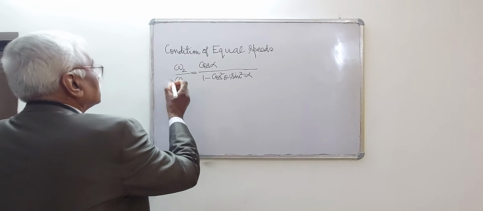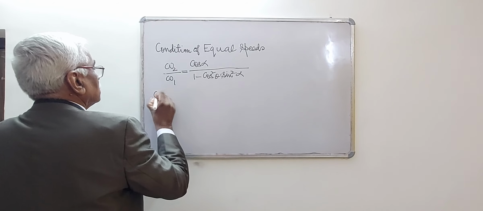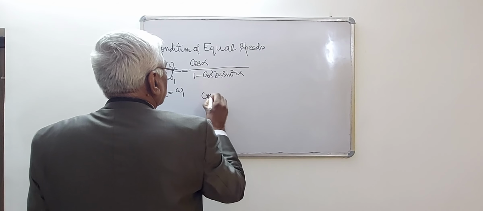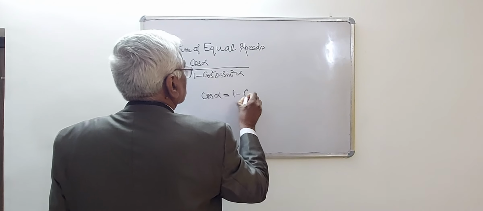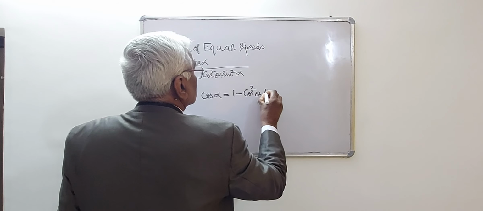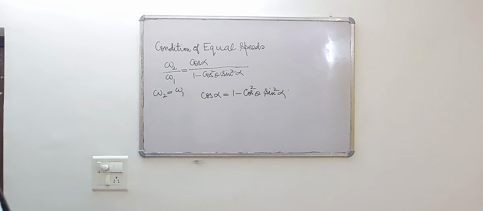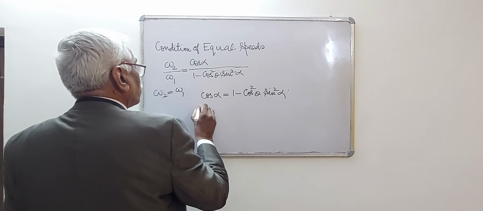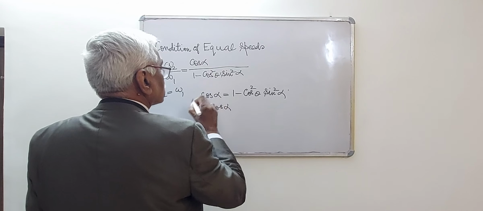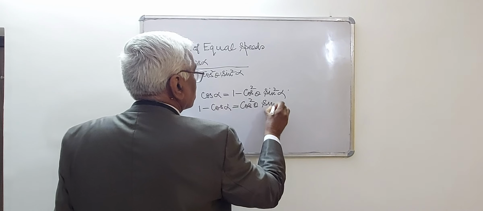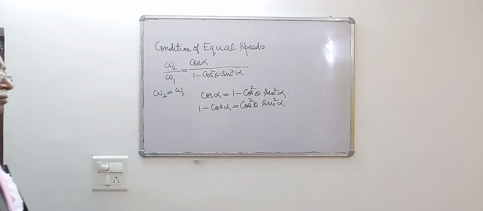Now, the condition of equal speeds, that is omega 2 is equal to omega 1. It means cos alpha is equal to 1 minus cos square theta into sin square alpha. Or it can be written as 1 minus cos alpha is equal to cos square theta into sin square alpha.